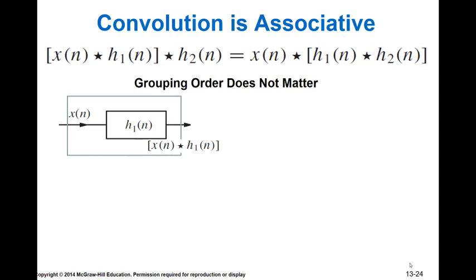We interpret this from our system understanding, though. It has another meaning as well. That is, convolution is what a linear time invariant system does when you put a signal into it. It convolves that signal with its unit sample response to produce an output. And so I can interpret this left-hand side of the convolution associative property. I'm taking some input signal and running it through a system that has a unit sample response h1.